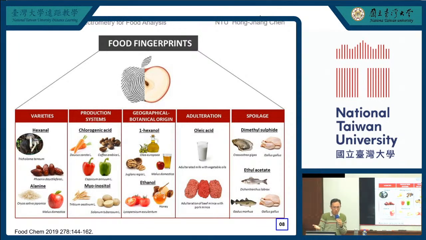So I'm not sure that detecting one compound or even 10 compounds is good for food authenticity. So for food fingerprinting, they want to detect all of the compounds. So they call it the food profile. So how to perform this technology? They use MS technology.